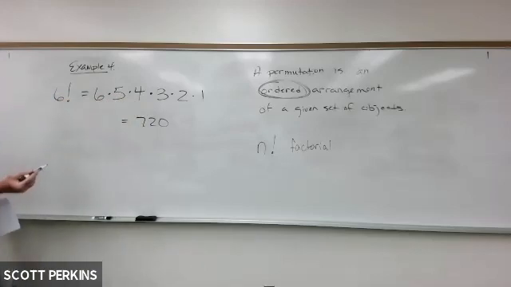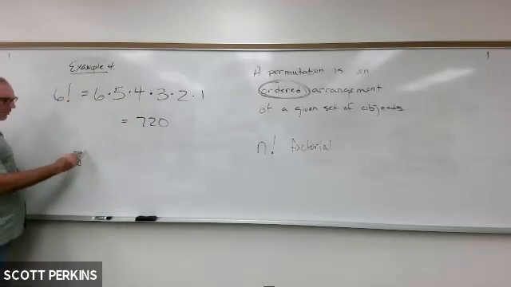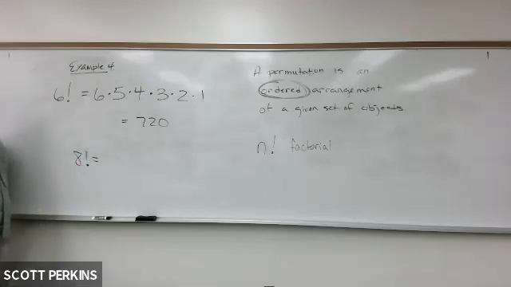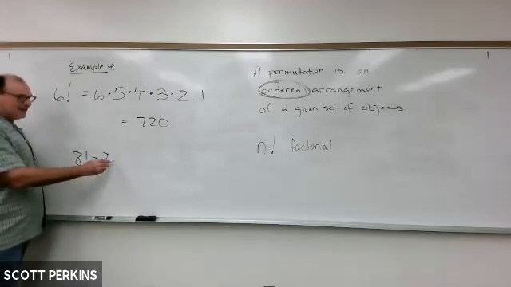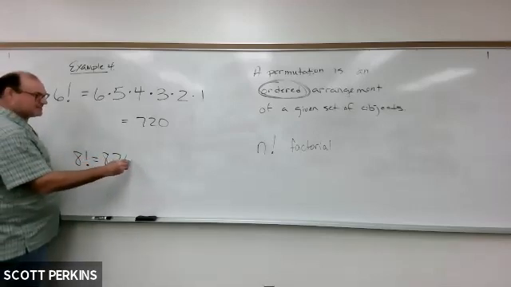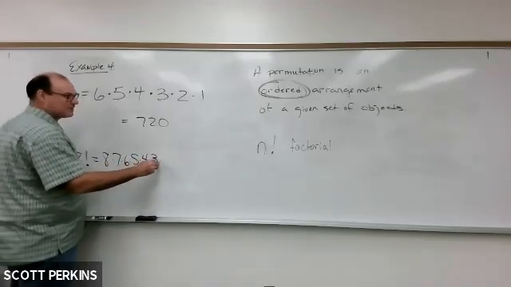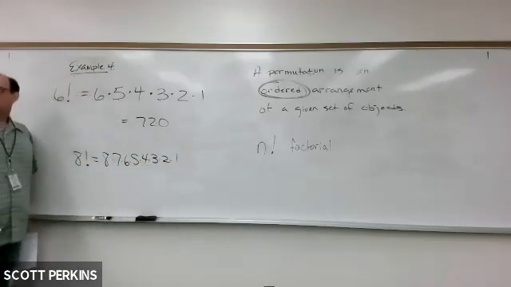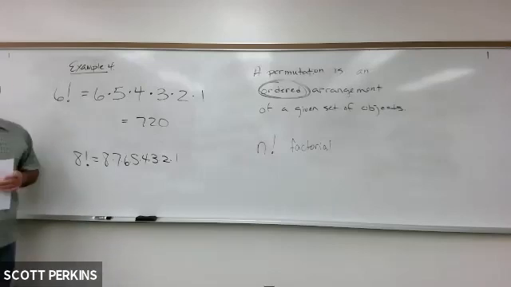So if we had 8 factorial, you start with 8 and multiply times 7 times 6 times 5 times 4 times 3 times 2 times 1. That's what the exclamation means, factorial.